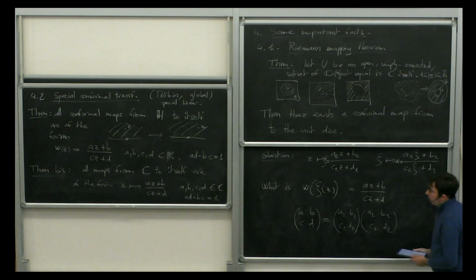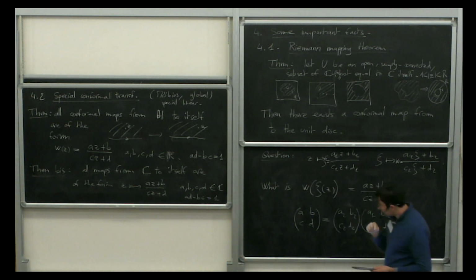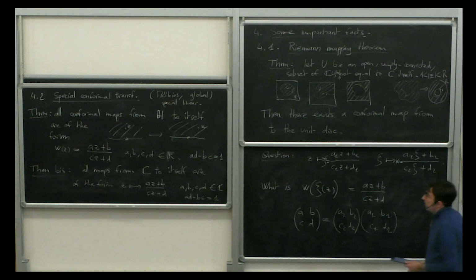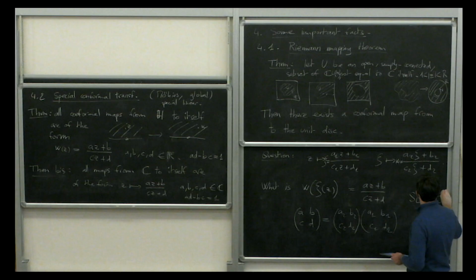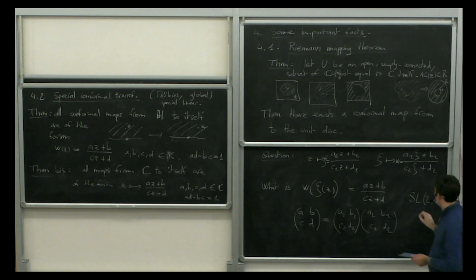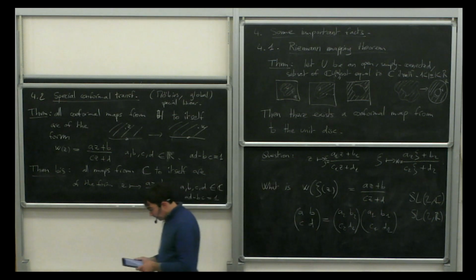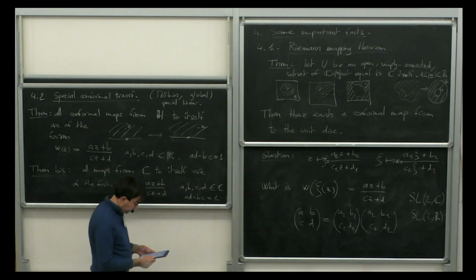And the point is now you see that this normalization condition makes sense because it is just asking that the determinant is 1. As a result, the group of special conformal transformations is also called SL2C for the complex plane, or SL2R, so special linear transformations, just because it's isomorphic to the group of 2 by 2 matrices with determinant 1.